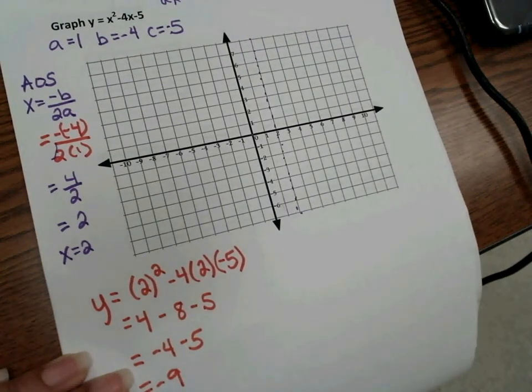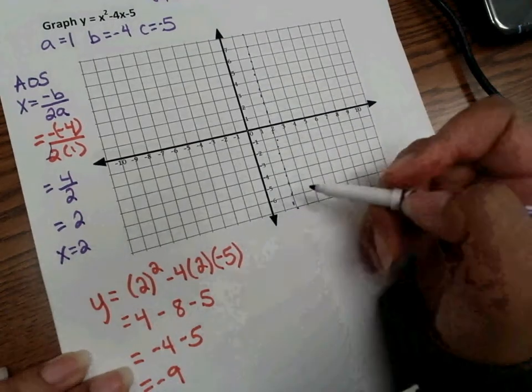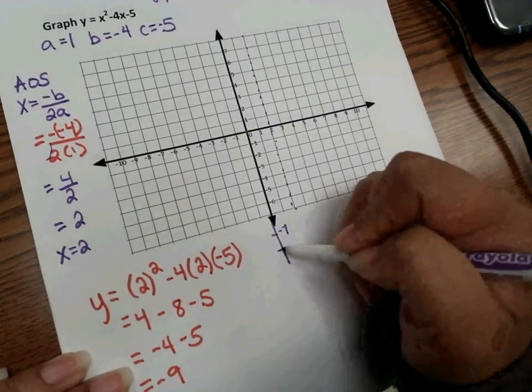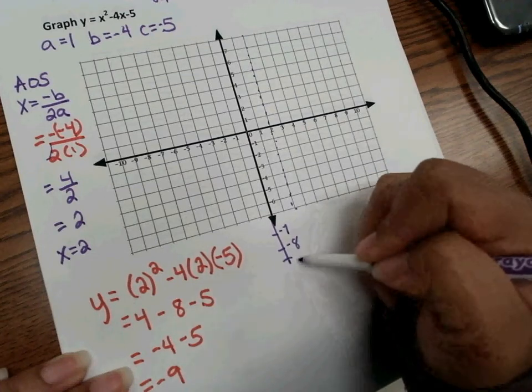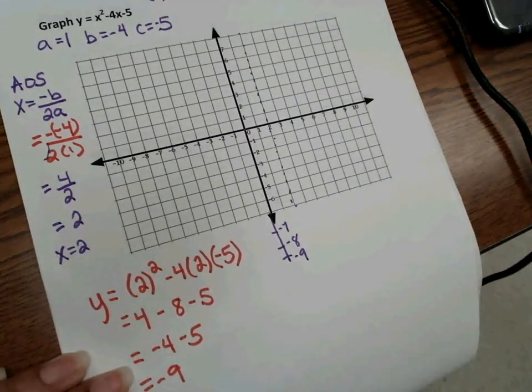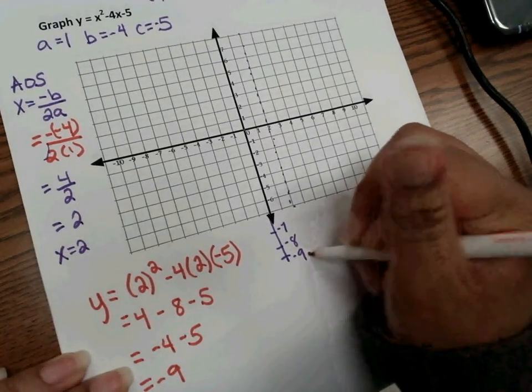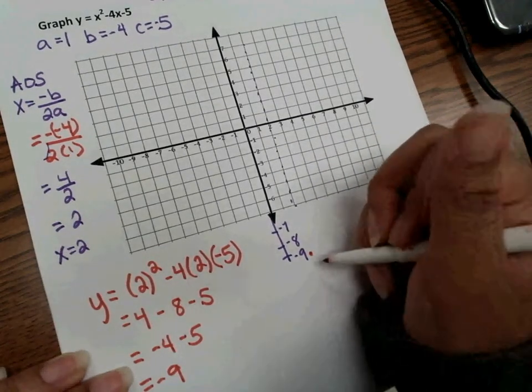Okay? So we're just going to extend our graph down. Keep going on. So we have -6, -8, and -9. And we plot our point, which is 2, -9.